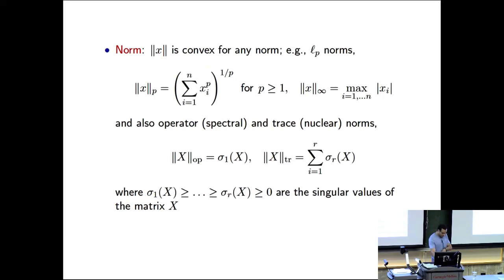Any norm is a convex function, an important class of functions. Some examples of norms on vectors are the Lp norms. The 2 norm you're familiar with. It's just the Euclidean norm: the sum of xi squared, take the square root.